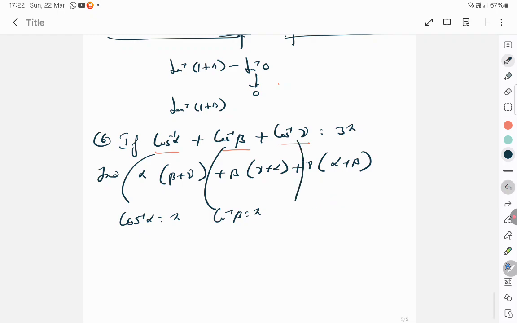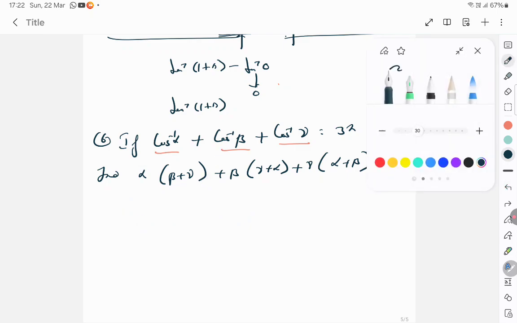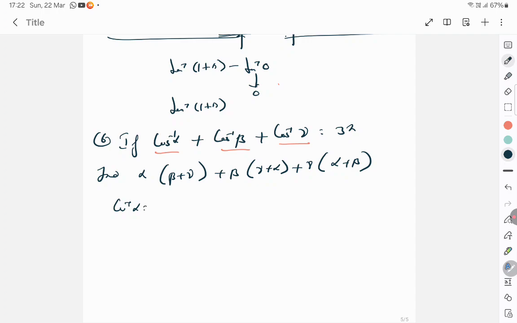I hope you understood. So let's undo this. Cos inverse of alpha is pi, so alpha is cos pi, which is minus 1. Cos inverse of beta is pi, so beta is cos pi, and that is also minus 1. Cos inverse of gamma is pi, so gamma is cos pi, and that's also minus 1.